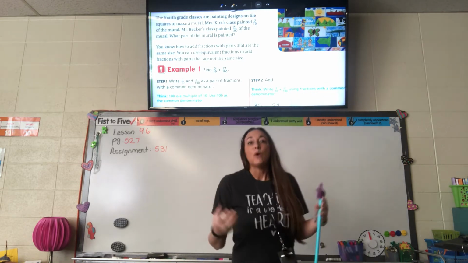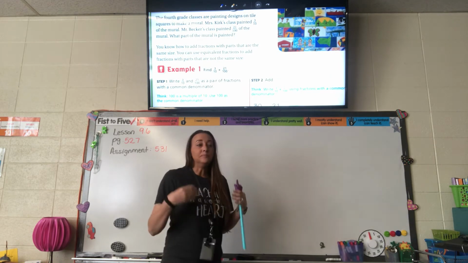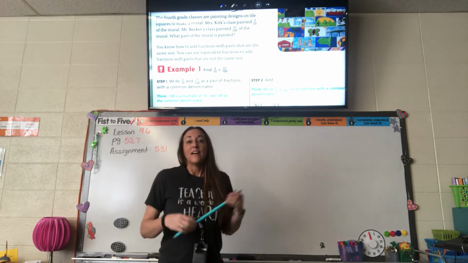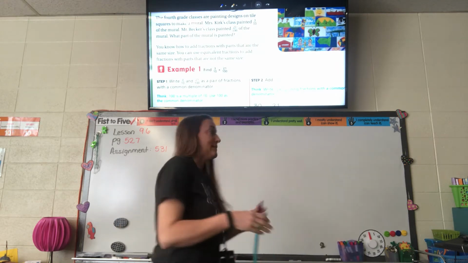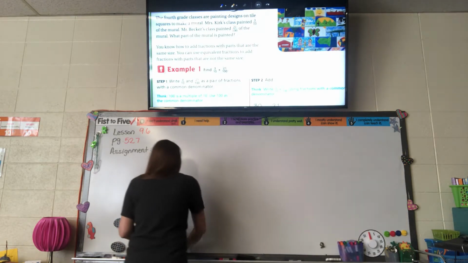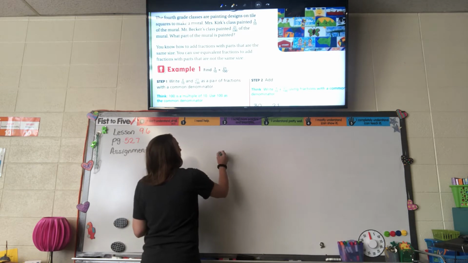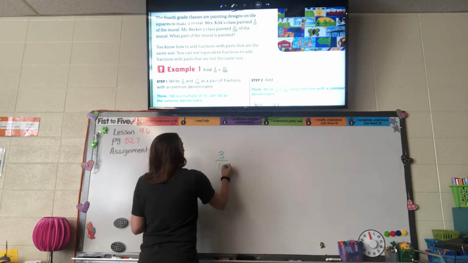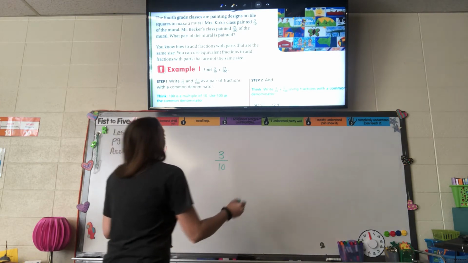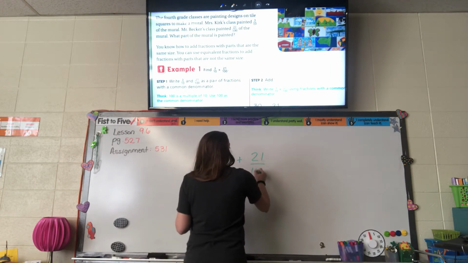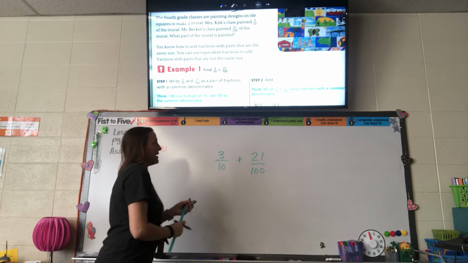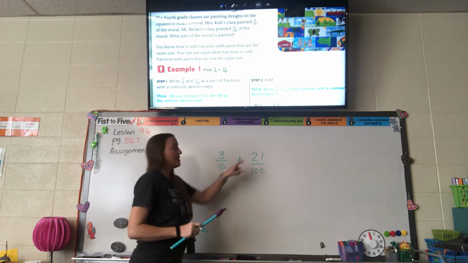So basically what we're going to be doing today is finding common denominators, but this is going to be really easy because if you have 3/10 and you're trying to add 21/100, you can't add those together because they don't have a common denominator.